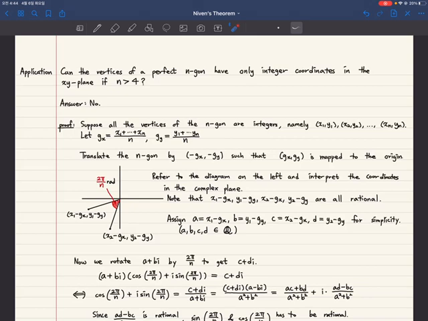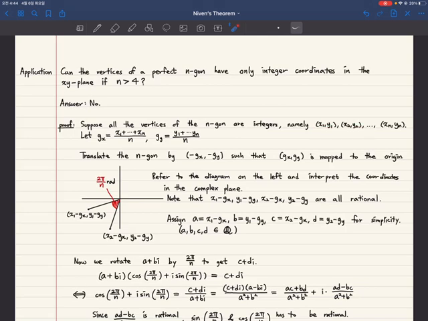So the answer is no, because we first assume, for the sake of contradiction, that all the vertices of the n-gon are integers, namely like (x1, y1), (x2, y2), and so on. I'm going to assume that they are arranged in clockwise order, and these are adjacent.